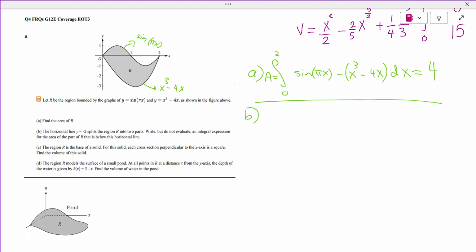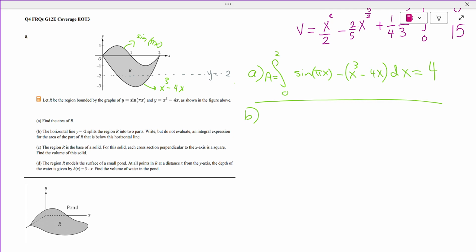So there is a horizontal line at y equals minus 2 that splits the region into two parts, right? But do not evaluate an integral expression for the area of the part of R that is below the horizontal line.